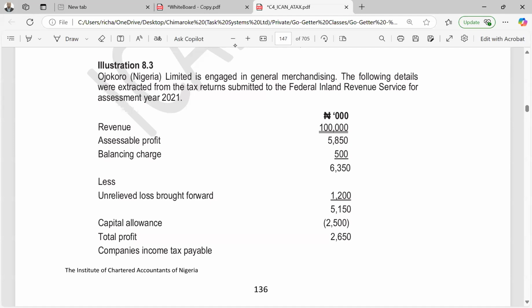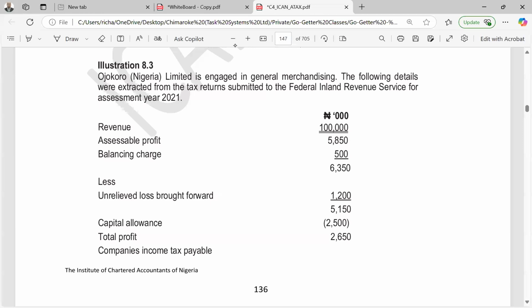Now look at this. We have a revenue of 100 million. Assessable profit is 5 million 850. Balancing charge is 500. You add them to get this. You now less loss relief and you get this.